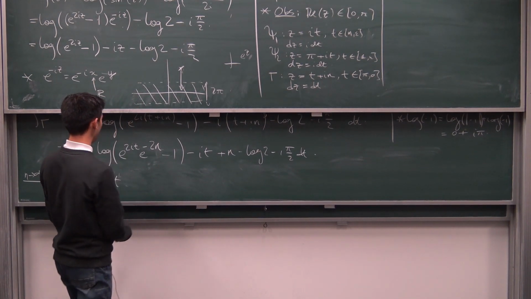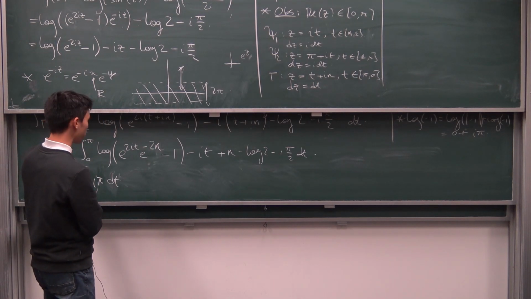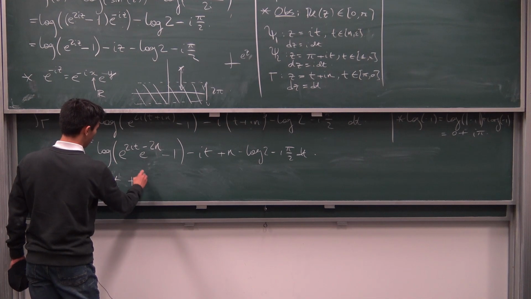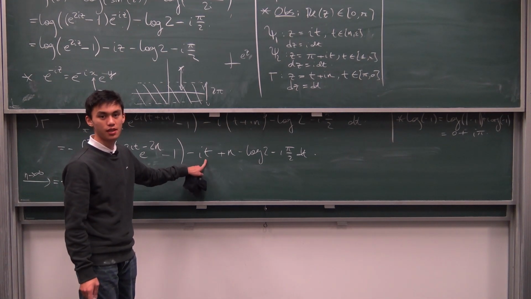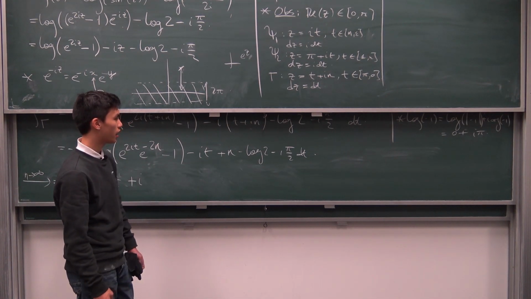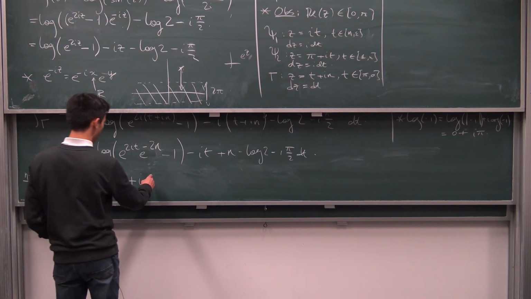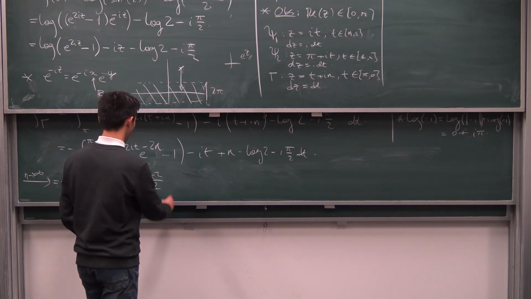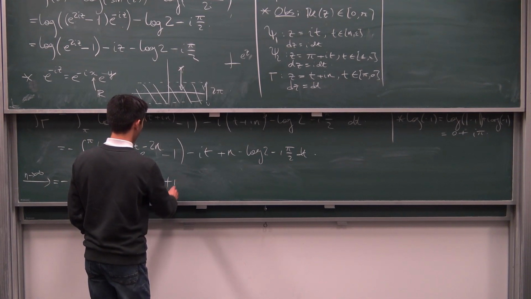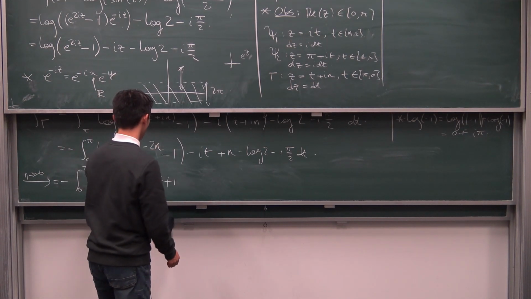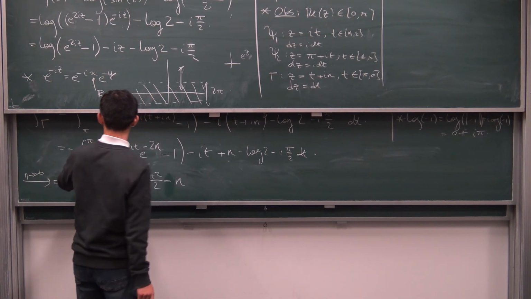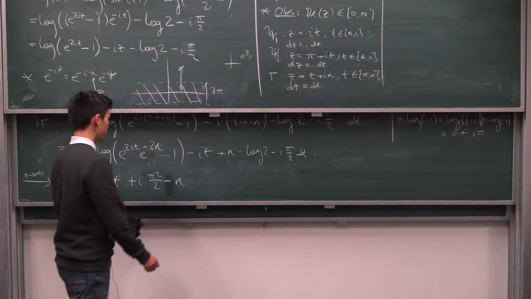First of all, if you distribute this negative into here, that's going to become a plus, actually. We have i. If you integrate t, you're going to get t squared over 2. If you plug 0 and pi in, that leaves you overall with a pi on 2. You can check that for yourself. And then we have a plus n. But actually, we have this negative we need to bring in. So this is going to be a -n. Negative n, that's a constant, so you just multiply by the length of the interval, which is pi.